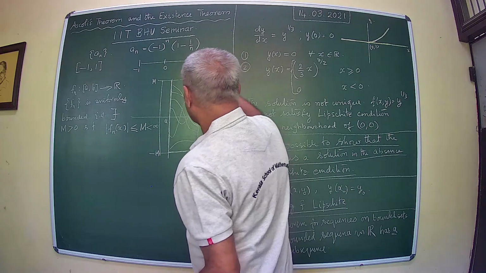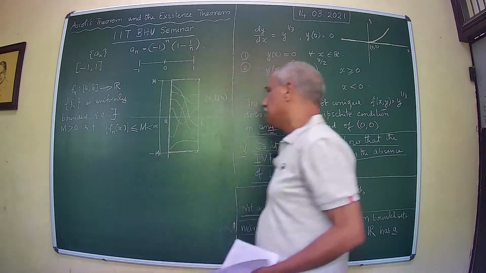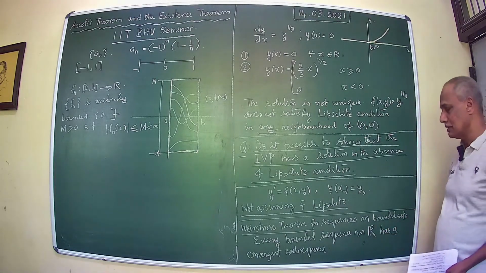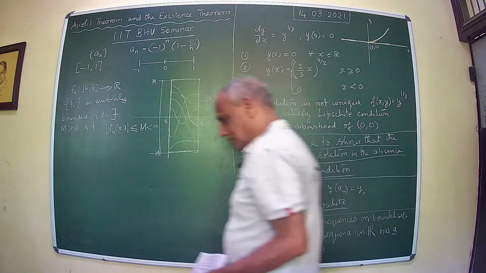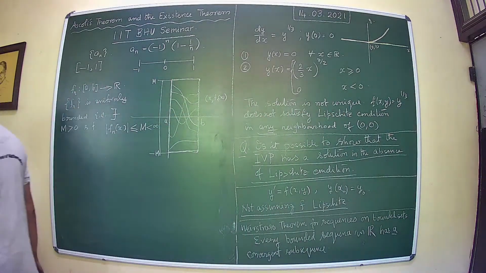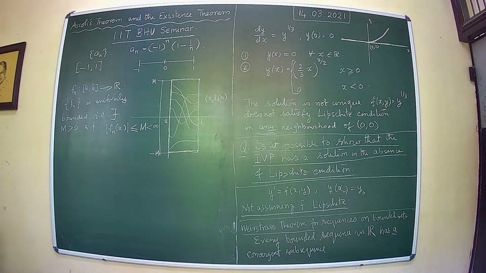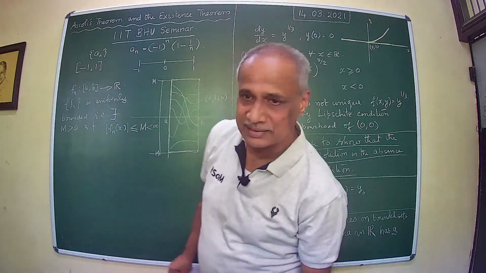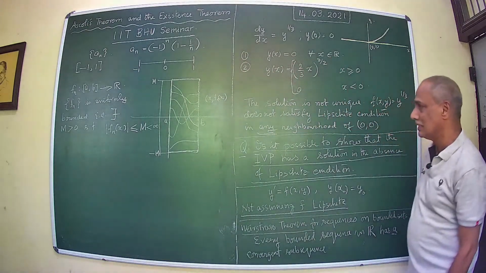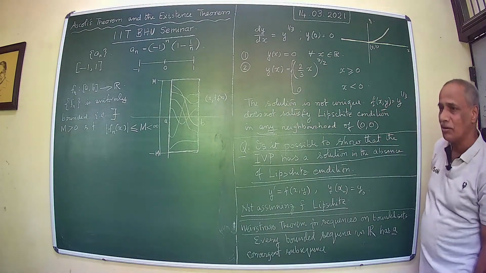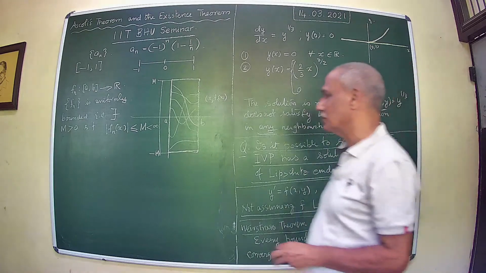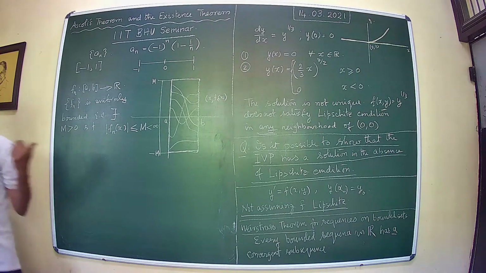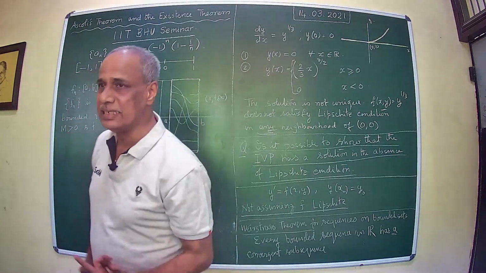Now we consider the following problem. We ask a similar question like this. Does there exist a function which is the limit of a subsequence of the sequence of functions? Secondly, we are assuming all these functions are continuous.